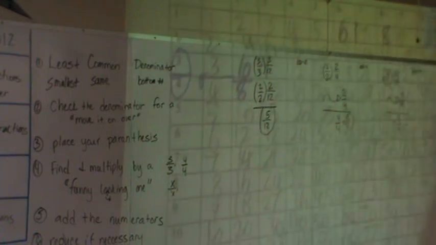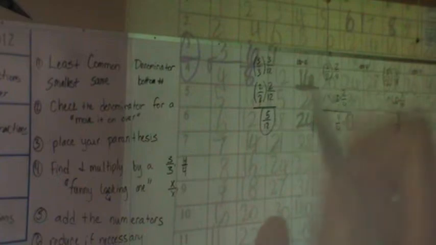So 9/14. Here I have, let me get a different color, say 16 over 24. And I want to know what 16 over 24 reduces to. I come this way, the 16 becomes a 4 and the 24 becomes a 6.